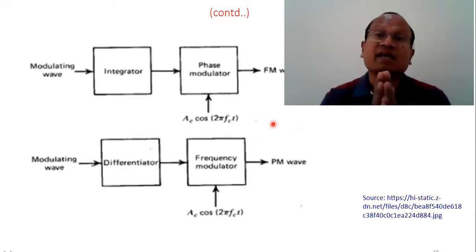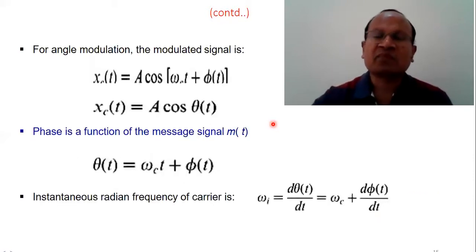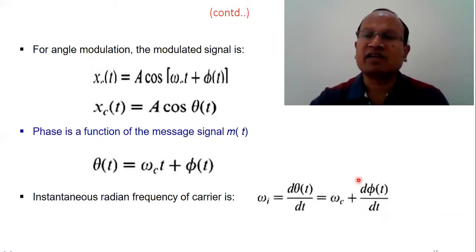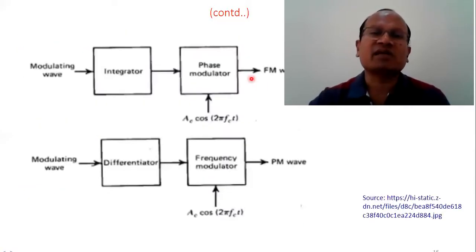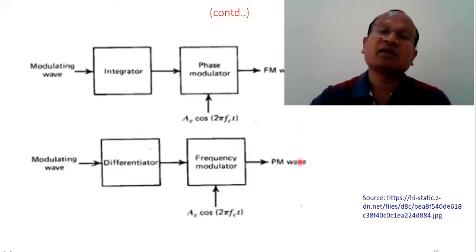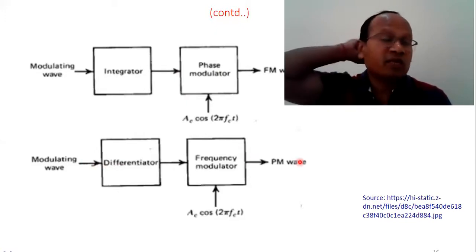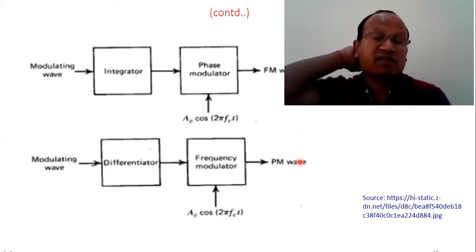When the modulating signal is differentiated, passed to a differentiator, and then frequency modulated, we get PM. We actually get a PM signal, that is, the angle is changing.